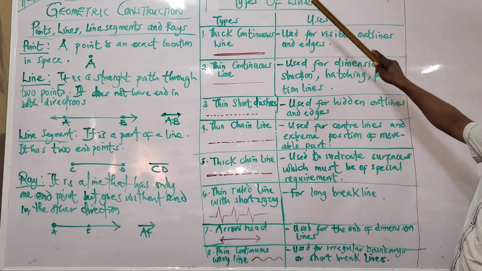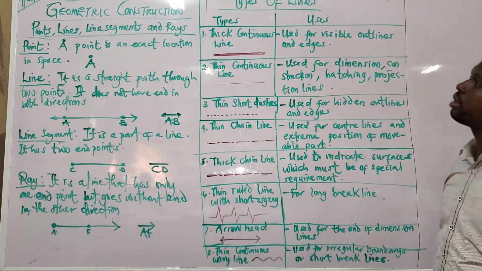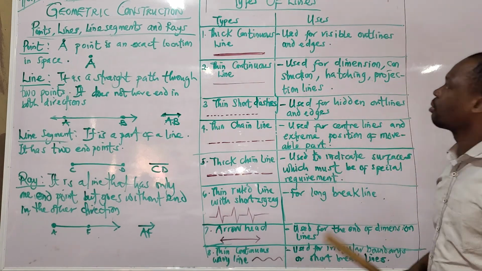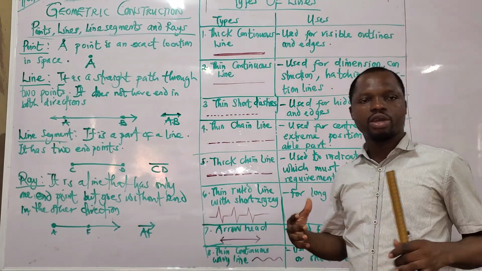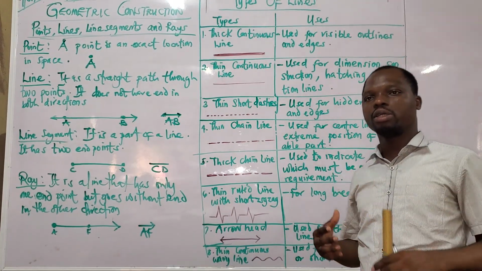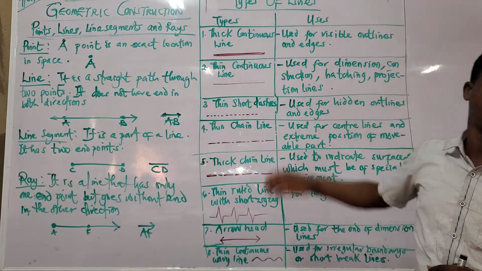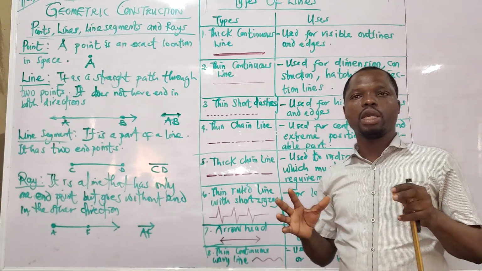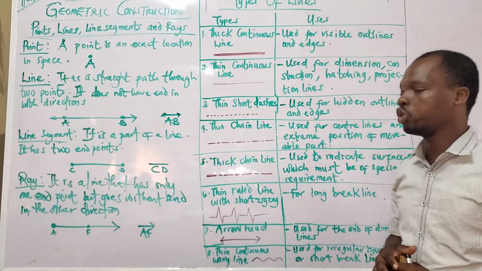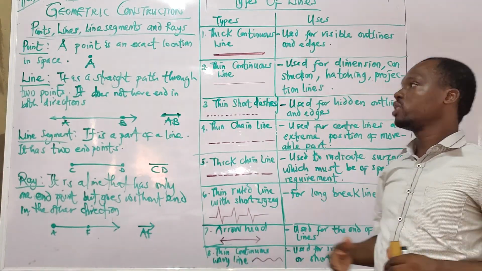So let's quickly look at the types of lines. We have the thick continuous line, and this is used for visible outlines and edges. Whenever you draw your diagrams and after you have constructed, this is the type of line you use to give out the image that you have drawn, to make it visible to whoever is viewing it.